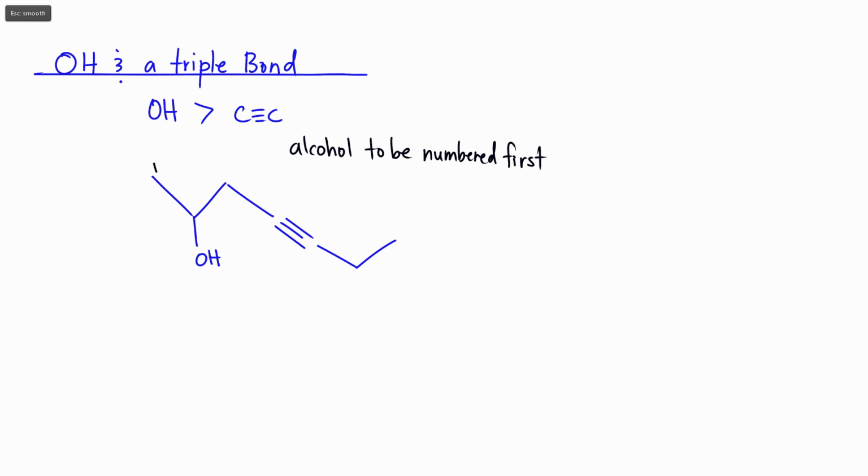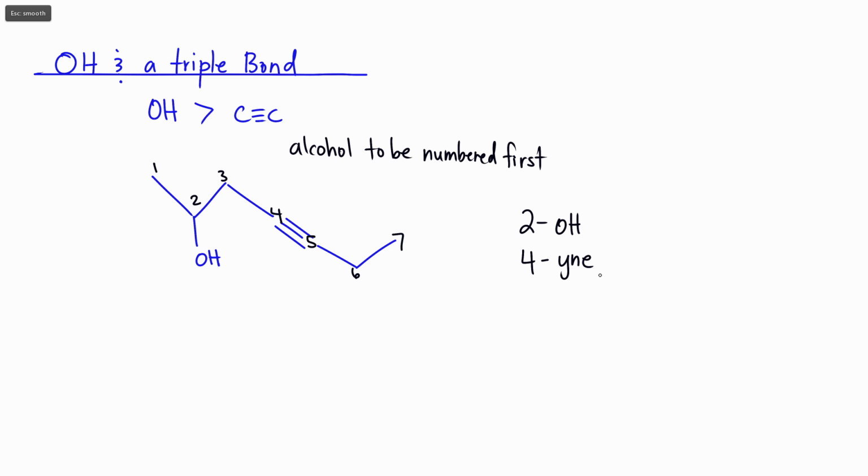So going in this direction would give me 3, 4, 5, 6, 7. It would be 2 going in that direction for the alcohol, to have the lowest number. The other direction would be 1, 2, 3, 4, 5, 6. Okay. Now, on 2, we have OH. All right. On 4, we have a yne.